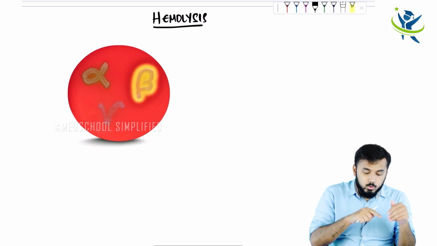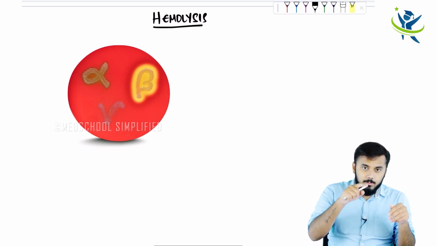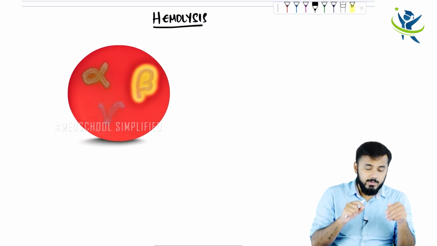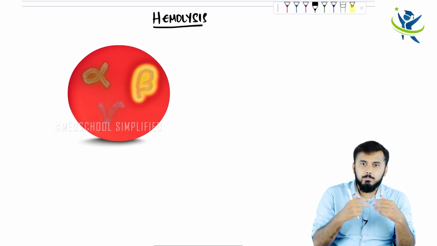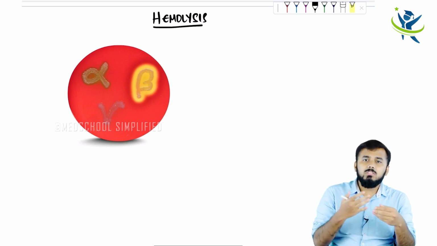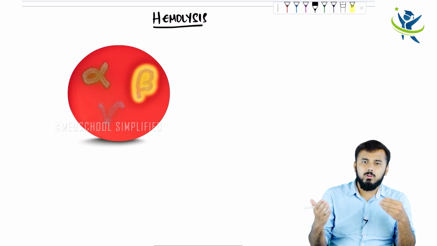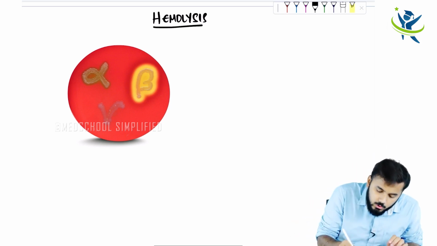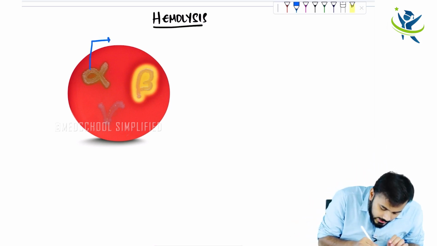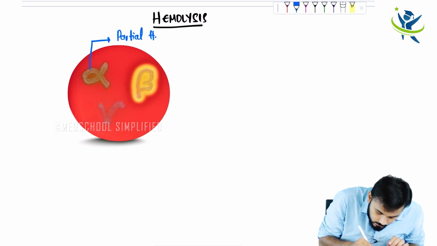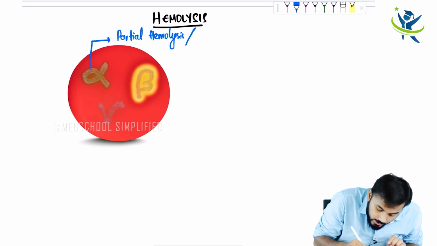That is why the border surrounding this alpha hemolytic bacteria is pale. Why? Because few cells are lysed, it is partial hemolysis. So I can call this partial hemolysis.